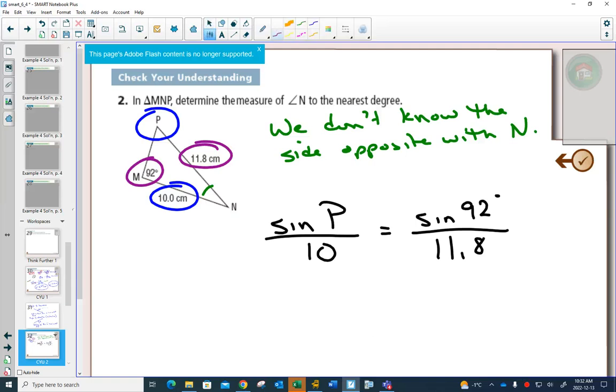At this point, it is not hard to get sine of p by itself. You would have to multiply by 10 and multiply by 10. These 10s would simplify, and we would get sine of p by itself. If I type that into my calculator, I get 0.8469.